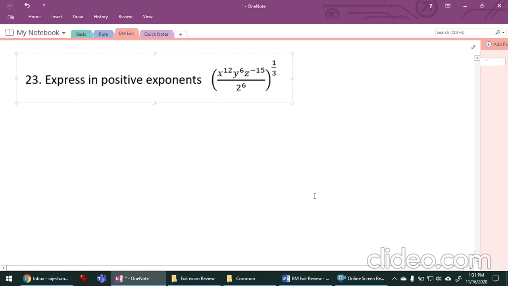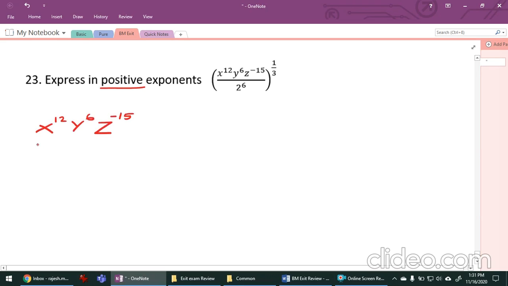Question number 23 is, express in positive exponents. That means when you write the last answer, all the powers should be positive. You will write the question: x power 12, y power 6, z power minus 15 by 2 power 6, the whole bracket to the power 1 by 3.